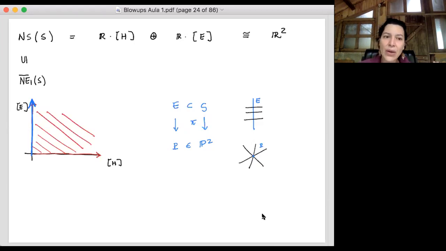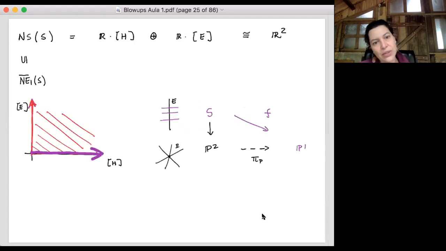And now if I look at the other extremal ray of this cone, the one that is generated by H, it also admits what we call a contraction in the following sense. So I wrote a diagram to the right. I have pi_P, the projection from the point P to P1.